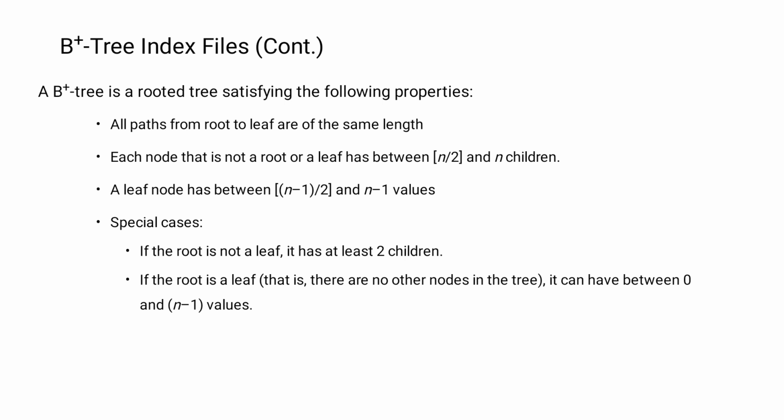The root node can hold fewer than n by 2 pointers, and it must hold at least 2 pointers unless the tree consists of only one node. It is always possible to construct a B+Tree for any n that satisfies the requirements.